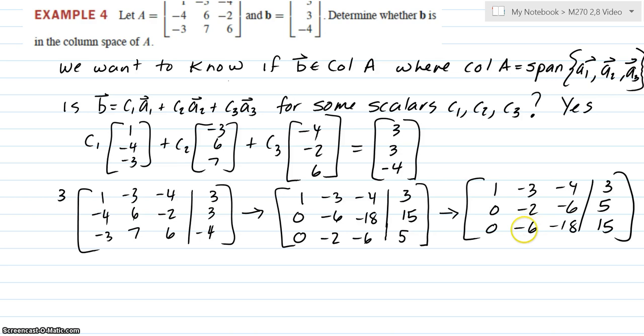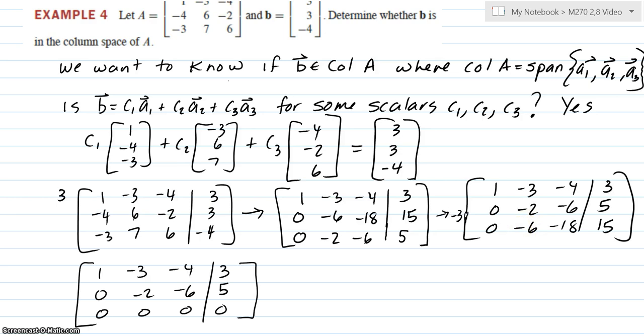And then I'm going to get a 0 here. We conclude that this last row is all zeros. So therefore, there is a solution. This is consistent. If this was a nonzero number here, it would not be. So we know that we have some constants C1, C2, and C3, that's actually 3, that satisfy this equation.